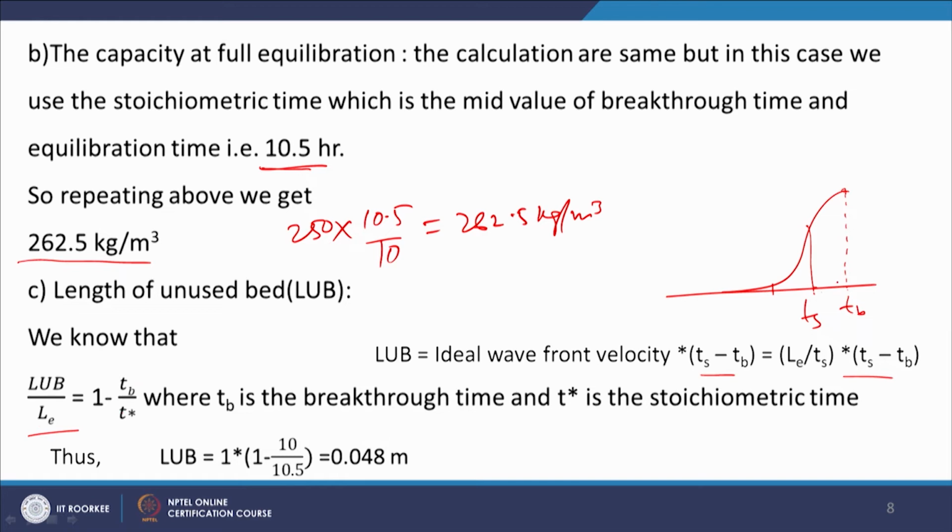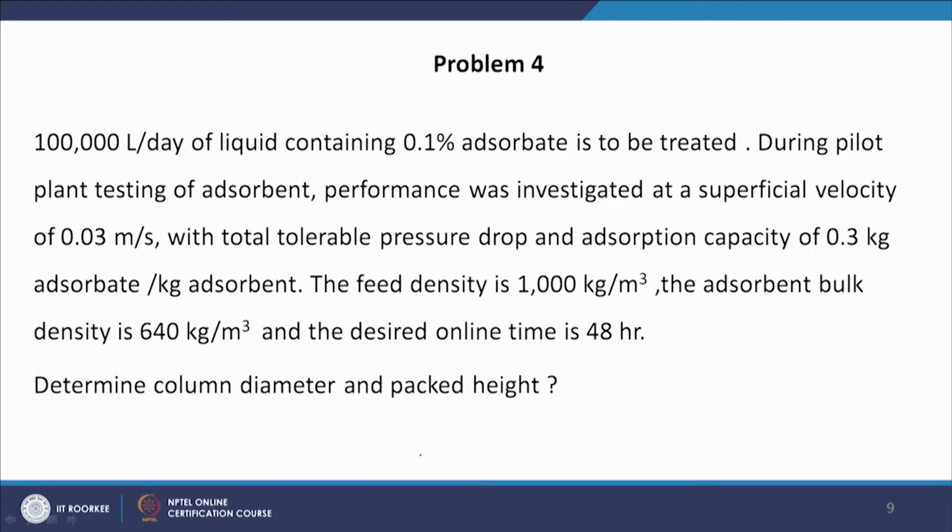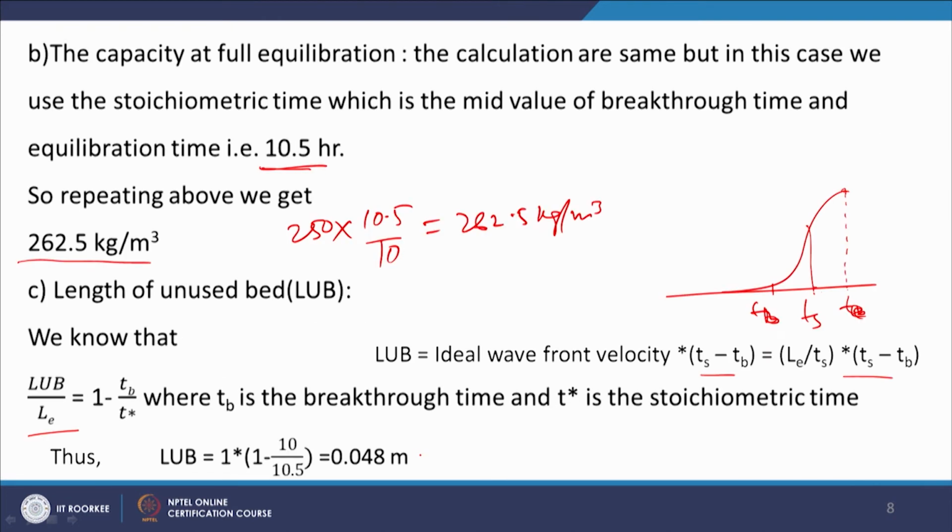This is our Tb and this is our Te. So, 1 minus 10 divided by 10.5. So, we are getting 0.048 meter. So, this is the LUB, that bed will not be used basically.